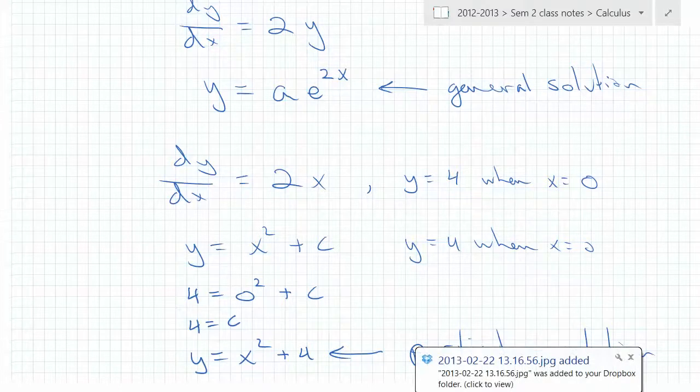So a general solution, can someone explain general solution versus particular solution?